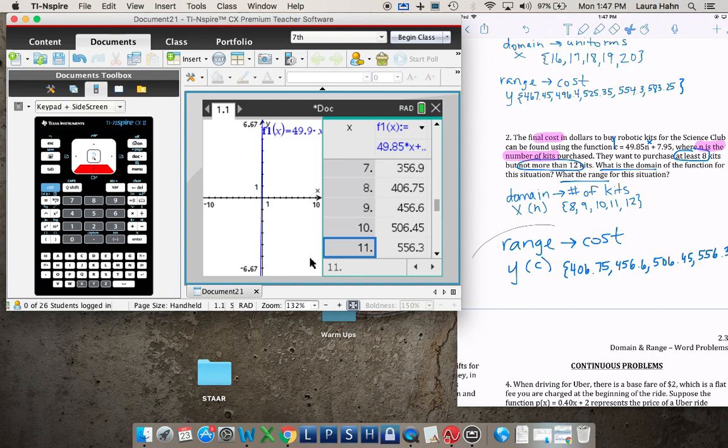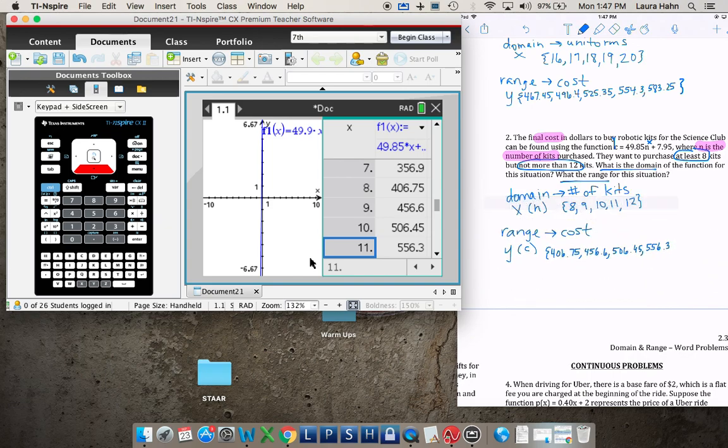I have to shrink this real quick. I'm running out of room. And finally, 12 kits. All right.